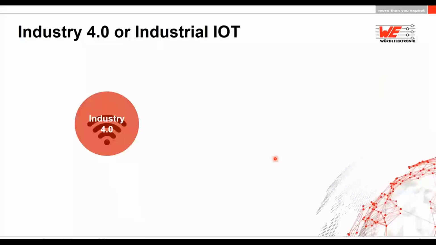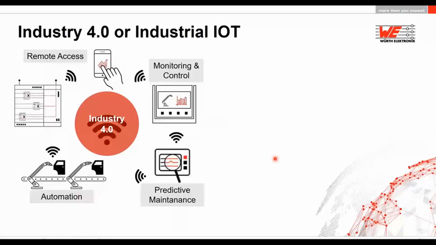Before we move forward, let me explain something about Industry 4.0 or the industrial IoT, what has been developing these days. Basically, all of the industrial equipment is getting more and more interconnected. More and more process automatization is happening, and the machinery needs to work on its own. They send data wirelessly to a sensor node. You need remote access.